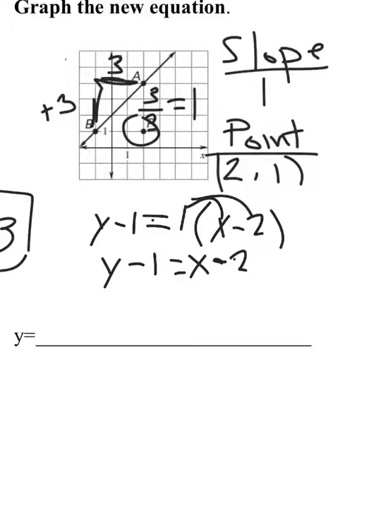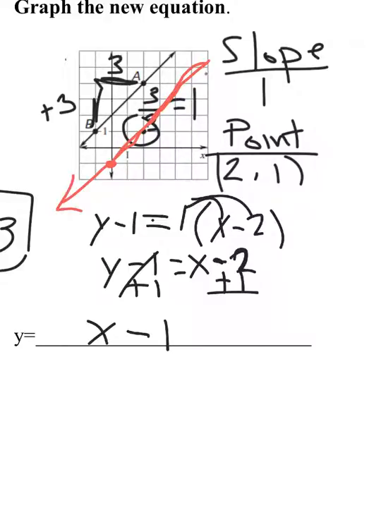So 1x minus 2, and then to get rid of the minus 1, it's plus 1. Now these signs you've got to be careful of. Negative 2 plus 1 is negative 1. And then this says to graph it on your grid. So here's a y-intercept of negative 1, and then a slope of 1, it would look like that.